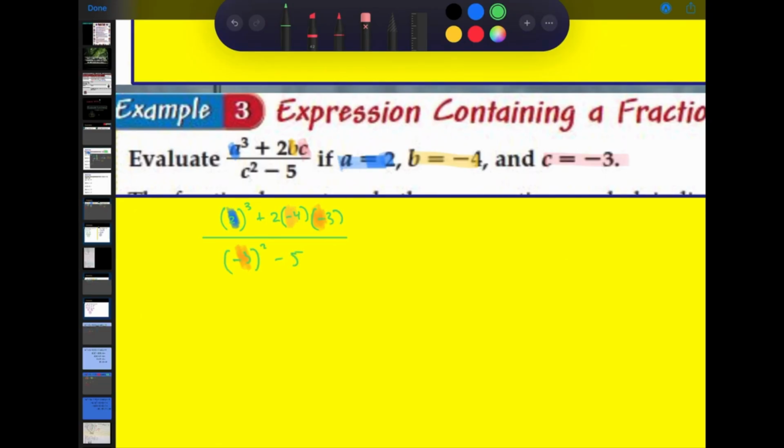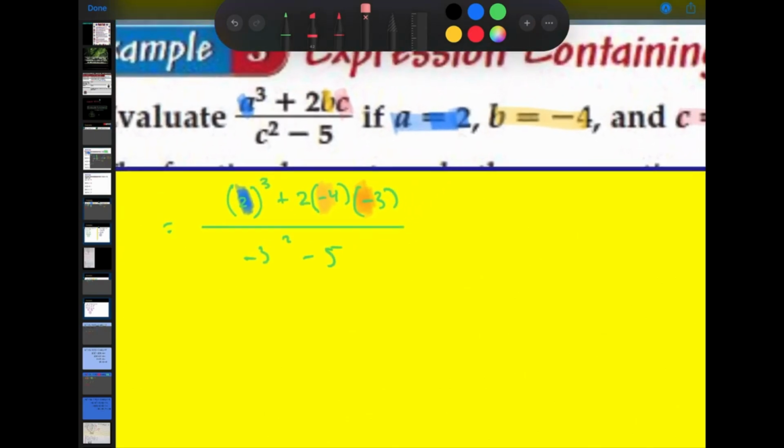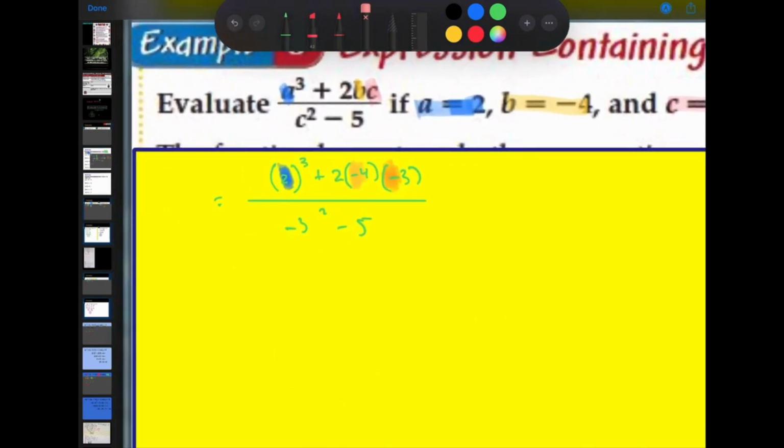So a lot of students will ask me, Mr. Ng, if you didn't put the parentheses, what do I do first? Is it 3 squared then the negative, or is it -3 then the squared? Talk to your partner 5 seconds. In this problem, what should it be? Tell your partner what I just said.